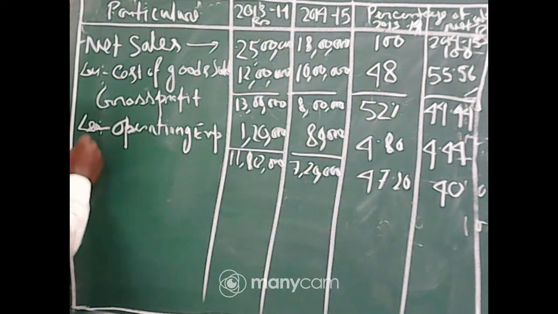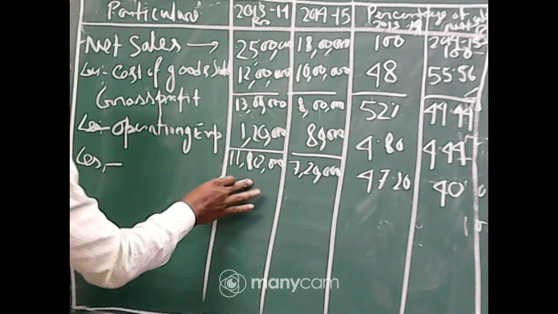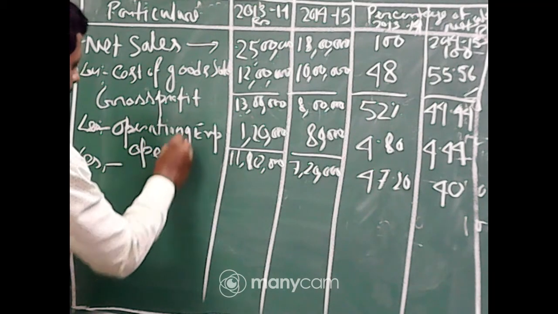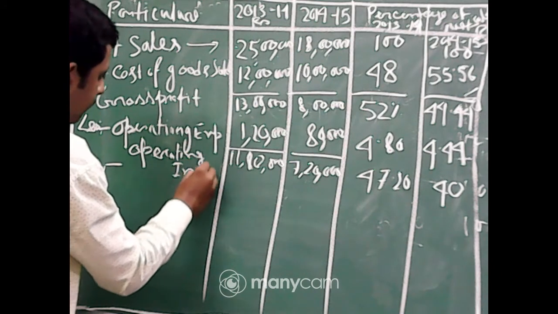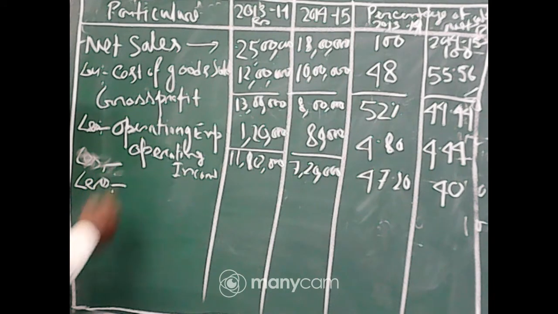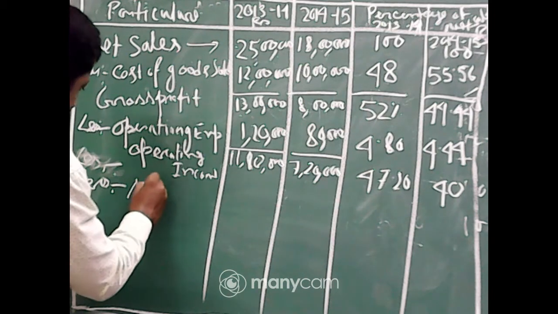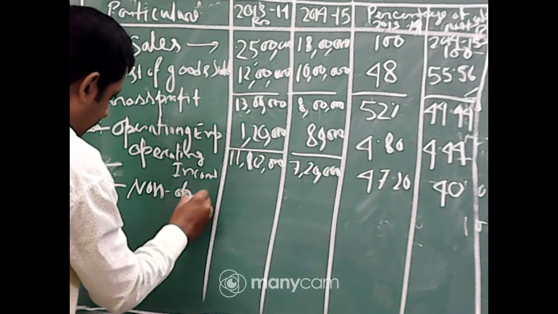So from here you also deduct, what actually comes is operating income. After deducting the operating expense, that comes operating income. Now less non-operating expenses.